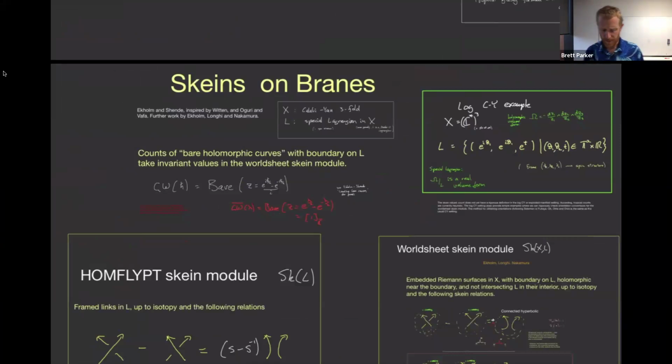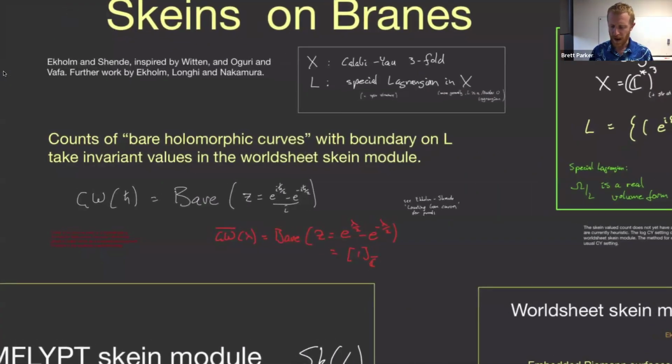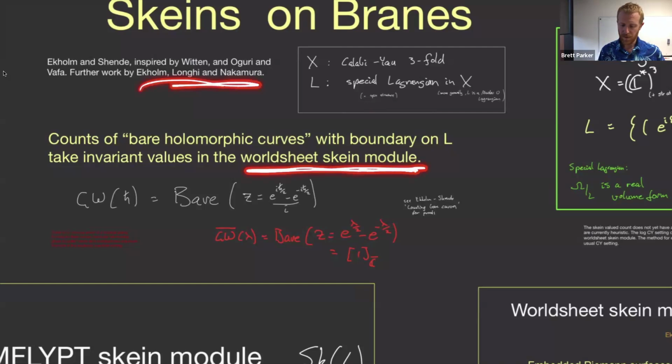So what you need to do is have this Lagrangian, and choose a spin structure on the Lagrangian so you know how to orient things. Then you count holomorphic curves, and these take invariant values in something called the worldsheet Skein module, developed by these people.